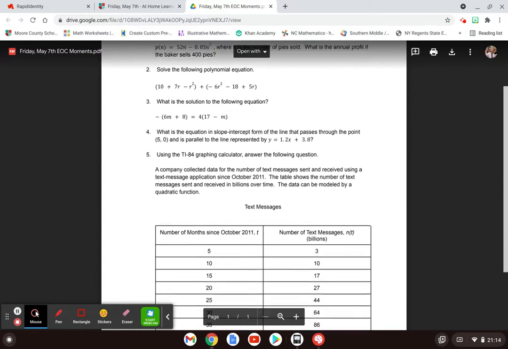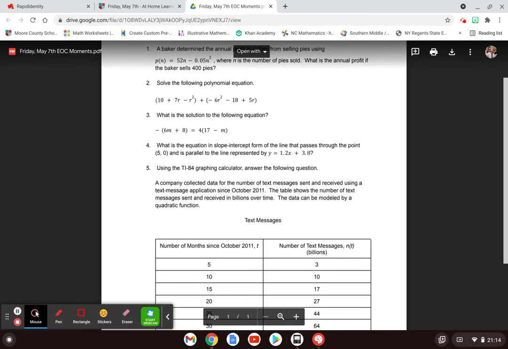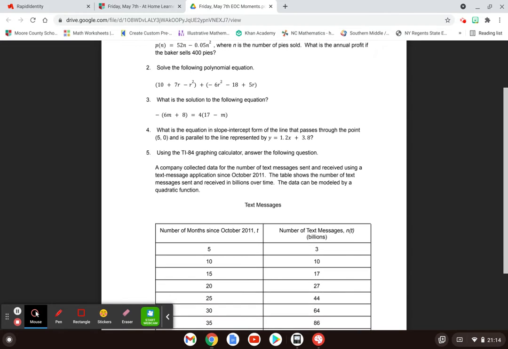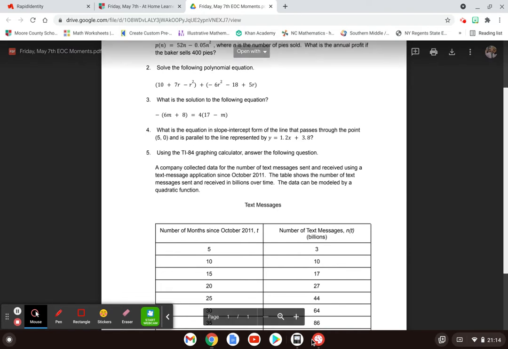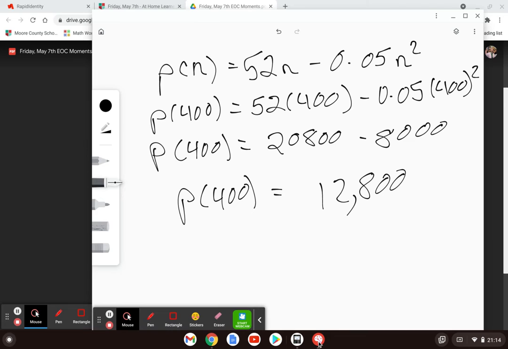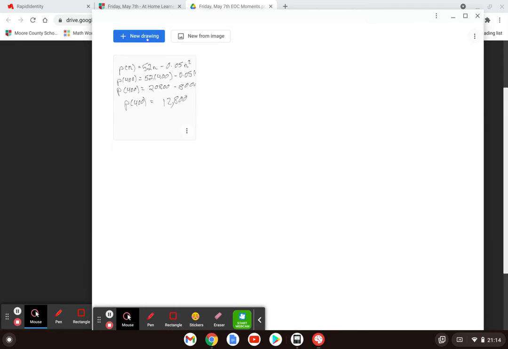So number 2 says, to solve the following polynomial equation, 10 plus 7r minus r squared plus a negative 6r squared minus 18 plus 5r. So the first thing that I want to do anytime I have polynomials is I always want to write them in standard form.